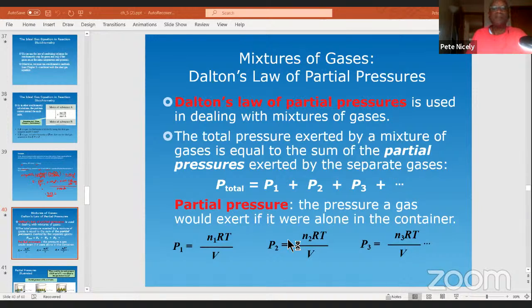Continuing, P3 would be equal to n3RT over V, and so on to Pn is equal to nnRT over V, right? Remember now, Dalton's law says that PT is equal to P1 plus P2 plus P3 all the way to Pn, all right? So what I'm going to do is substitute each of these terms by their expressions here, right? So P1 will be replaced by n1RT.